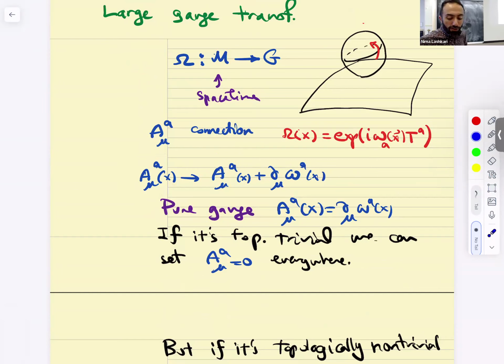If you're at a point, you could try to use a gauge transformation to set the gauge field equal to 0 at the point, and you do this at all sorts of different points. If at every point, A_mu^a could be written as del_mu of omega^a(x), this is a pure gauge transformation. But it could be non-trivial. If omega^a is topologically non-trivial, you cannot set it to 0.